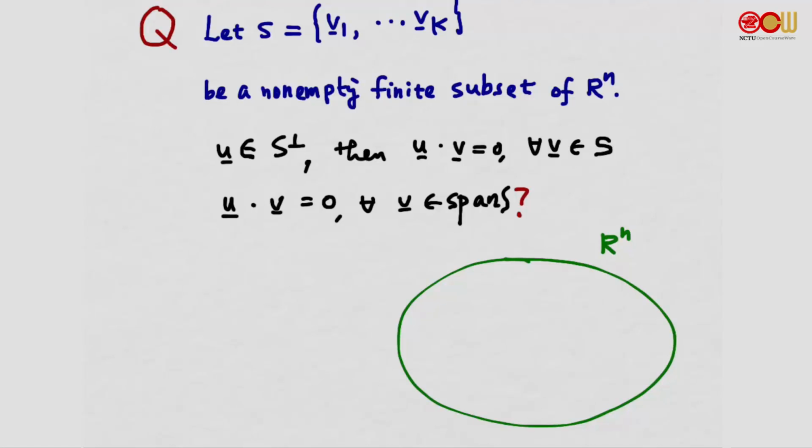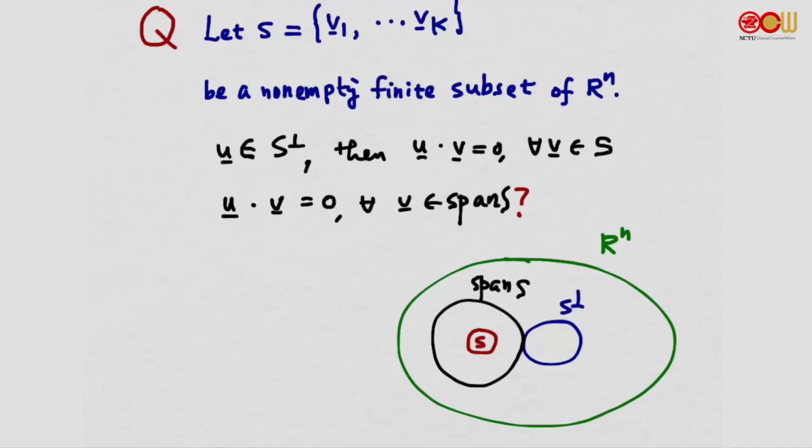So here we have Rn, and we have S, which is a small set, and we have S perp. S perp is orthogonal to every vector in S, and we also have span S. The question now is, we have u in here. u is orthogonal to every vector in S. Would it also be orthogonal to every vector in span S?